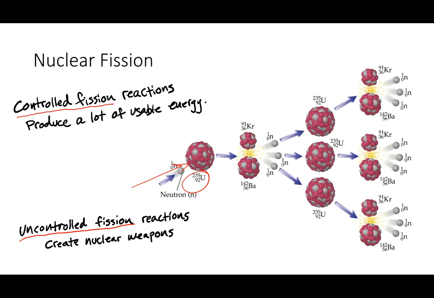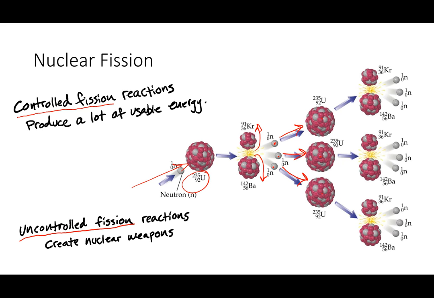You bombard that with a neutron directly into the nucleus, and it results in the splitting of this nucleus into two different nuclei that are smaller. As a result, neutrons are released, which continue this process and bombard other fissionable nuclei.